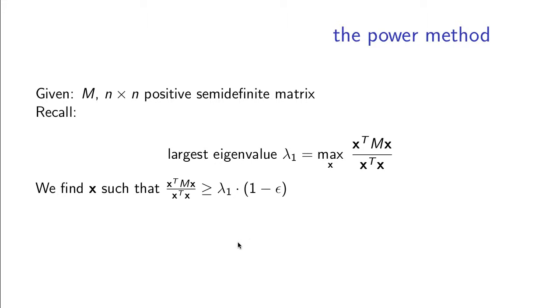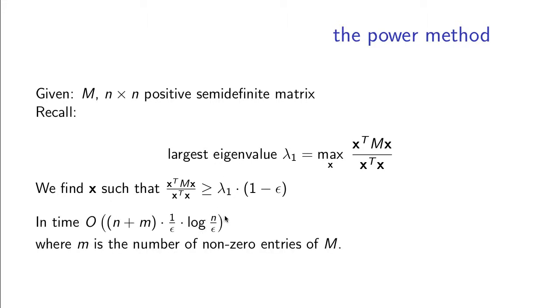And then the running time will depend on epsilon. x will not necessarily be an eigenvector. It will just be a vector with a large Rayleigh quotient. But for most applications to spectral graph theory, one usually doesn't need an actual eigenvector, but one or more vectors whose Rayleigh quotients satisfy certain relations.